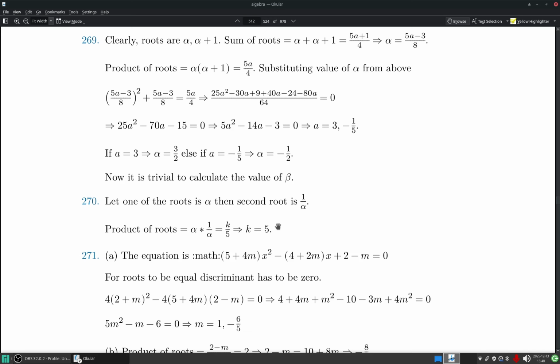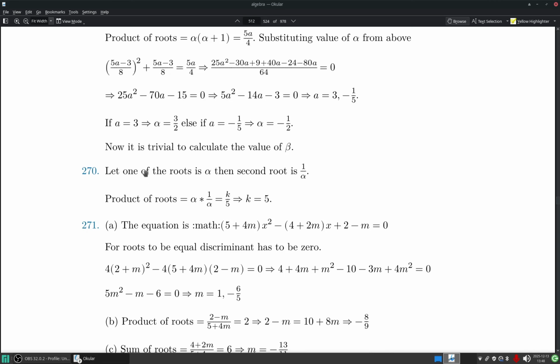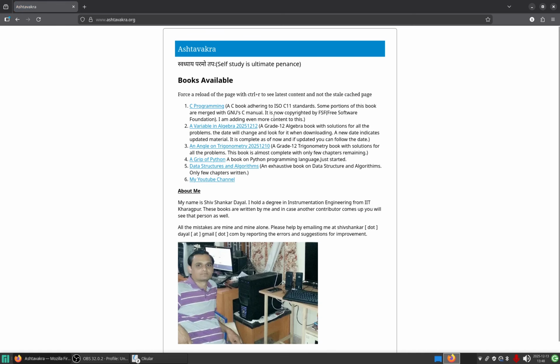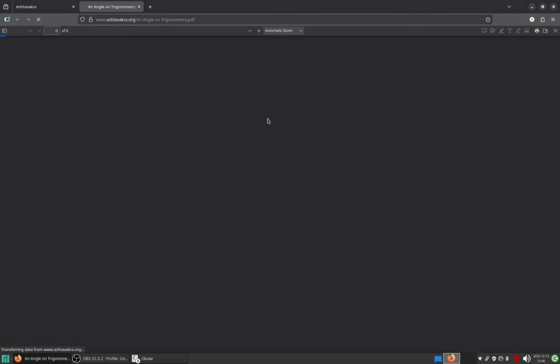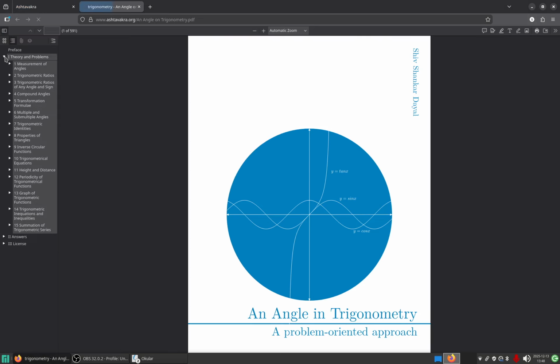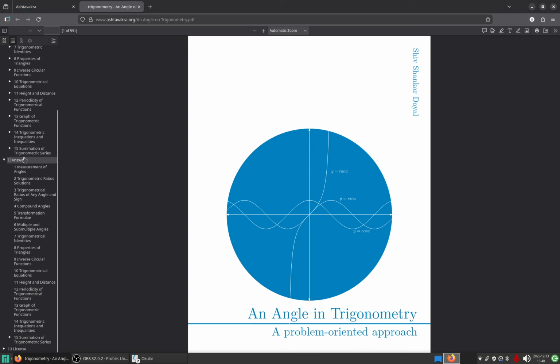By the way, for your information, I will tell you what is going on. If you go to astavak.org, right now I'm working on trigonometry. If you look at this book, and at these chapters, you will see that it is summation of trigonometric series.